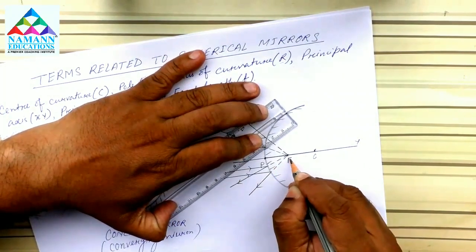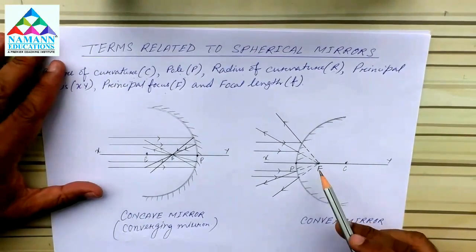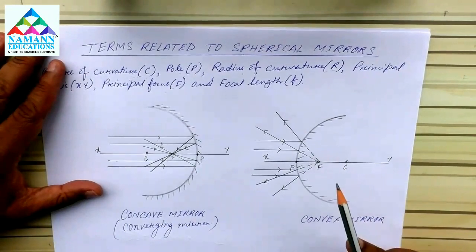And the principal focus of a convex mirror is virtual because light rays do not actually intersect here.